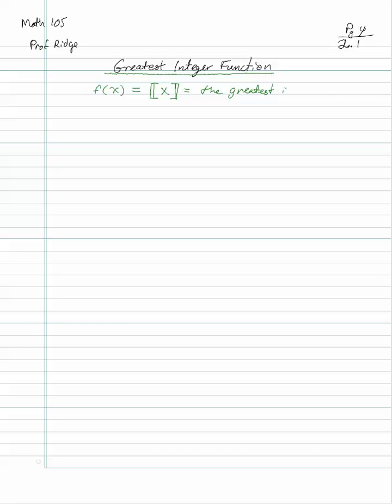This is the way it's defined: the greatest integer that is less than or equal to x. So that's my integer. f of x is the greatest integer of x.